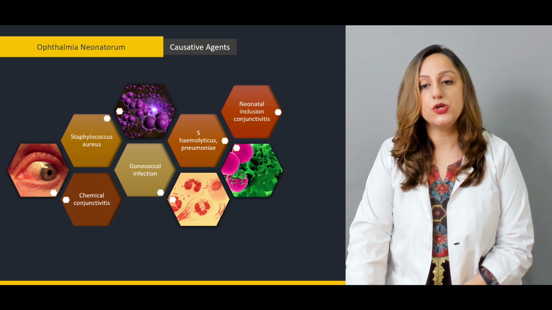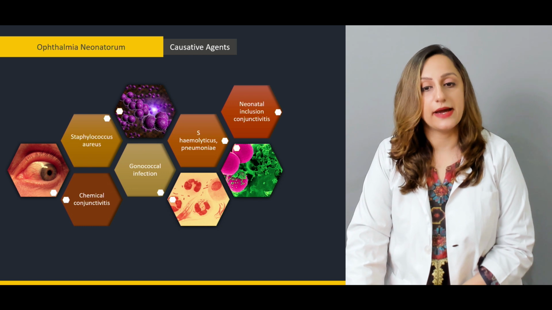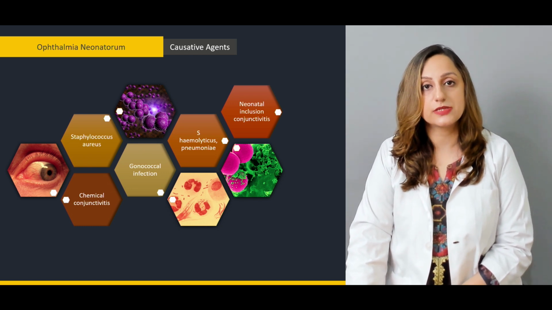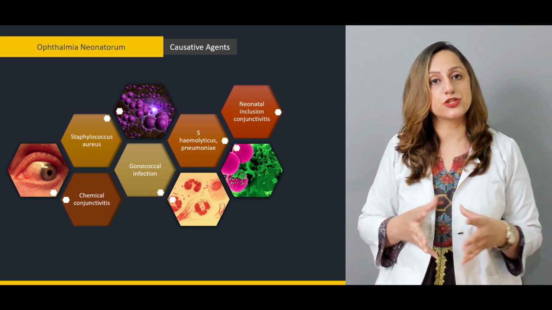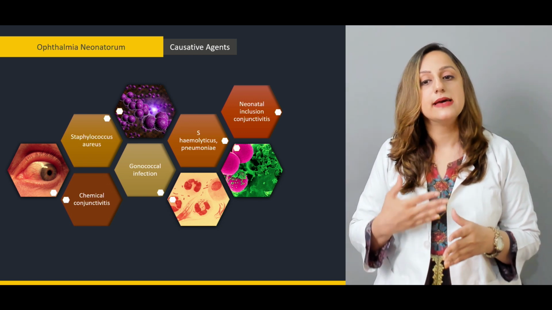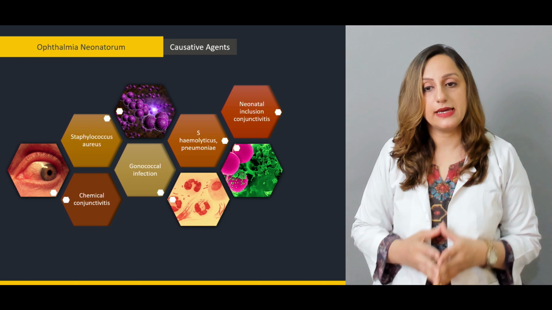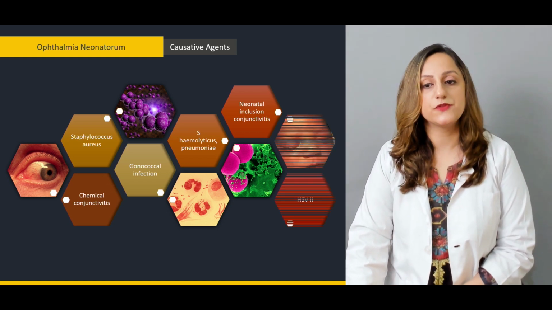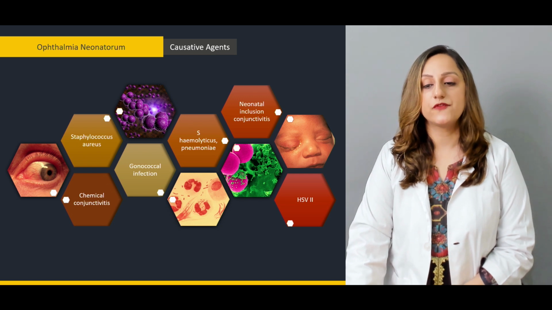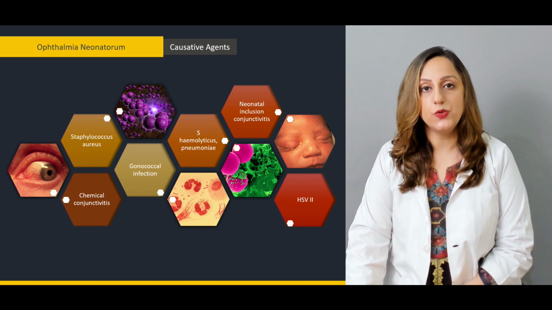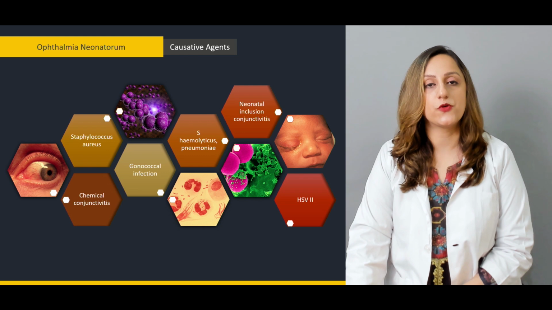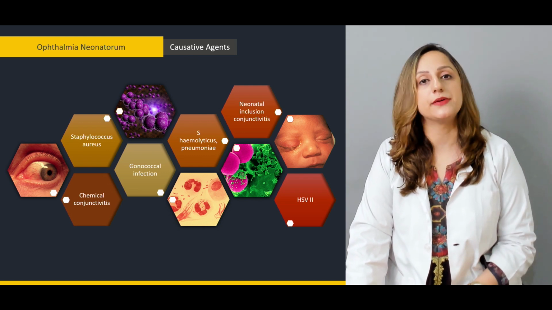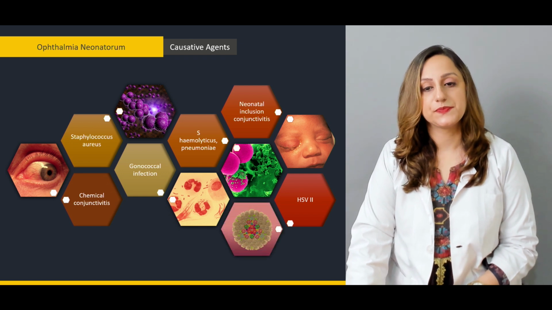Then we have neonatal inclusion conjunctivitis, where the genital infections of the mothers are sometimes spread to the infant. Then we have the Herpes Simplex virus type 2, which is sometimes responsible for the development of ophthalmia neonatorum in infants.